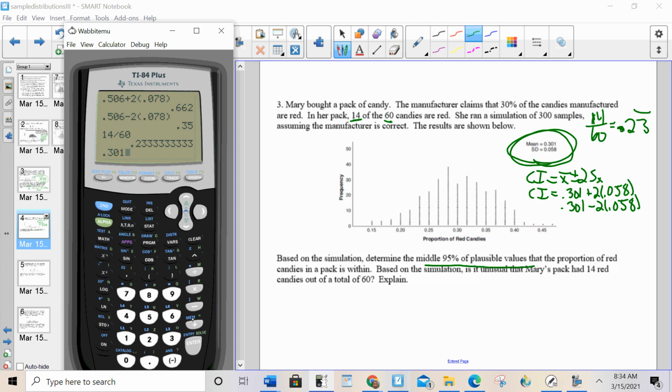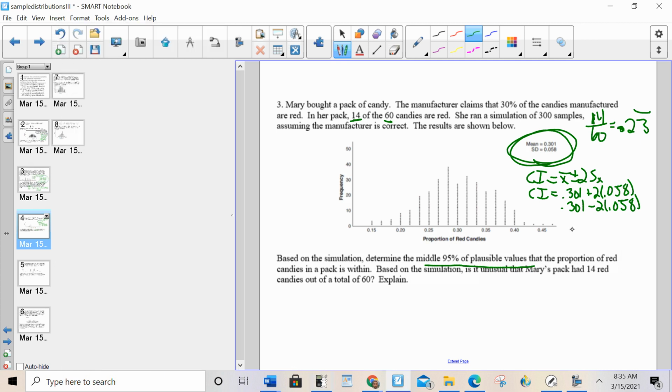It doesn't say to round, so we're not going to round. We have 0.185 to 0.417. And again, always go from smallest to largest whenever you're writing an interval.